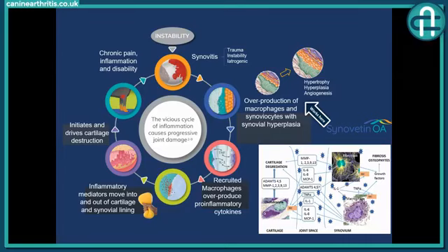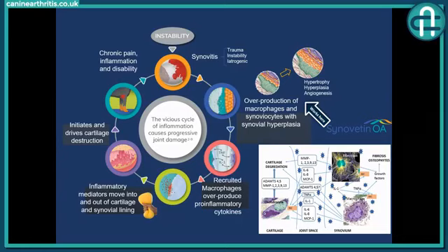After this overproduction of macrophages and synoviocytes, and incidentally, you have two types of synoviocytes in that lining, synoviocyte types A and B. Synoviocyte type A are almost all macrophages, and synoviocyte type B include fibroblasts and other cells that produce such things as hyaluronic acid and lubricin and so forth.